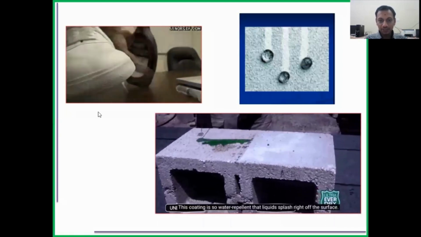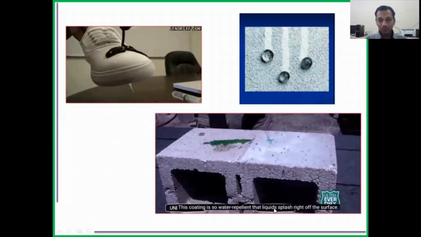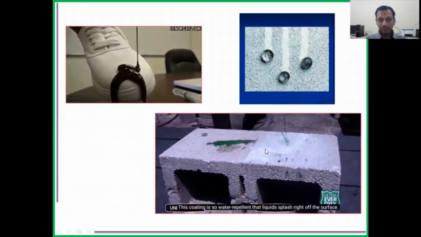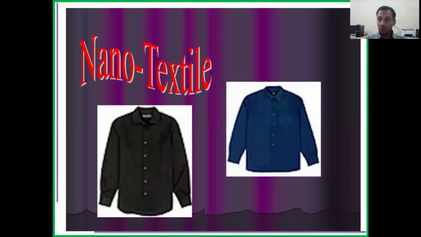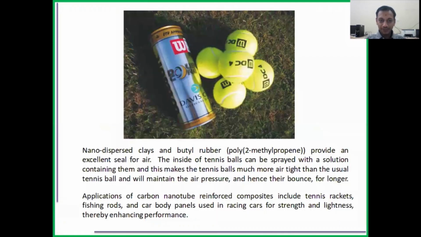This one is water repellent, you can see the liquid on the surface, so the surface will always be clean. The same concept was applied for anti-fogging or self-cleaning glass, which people are now using a lot in civil construction. That's why self-cleaning glass has more importance. Nanotextile, where no dirt can stick on the cloth, is also a very important concept.